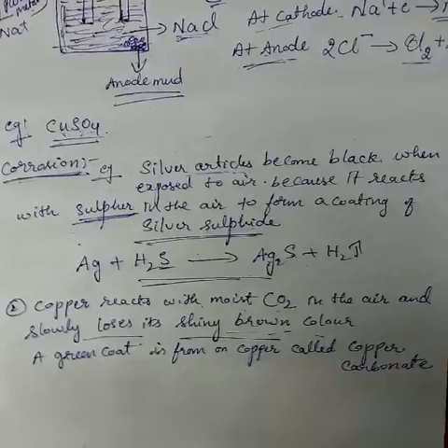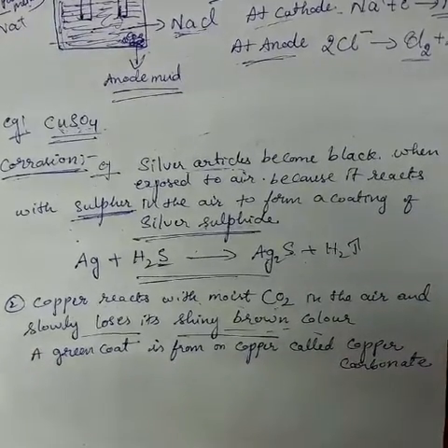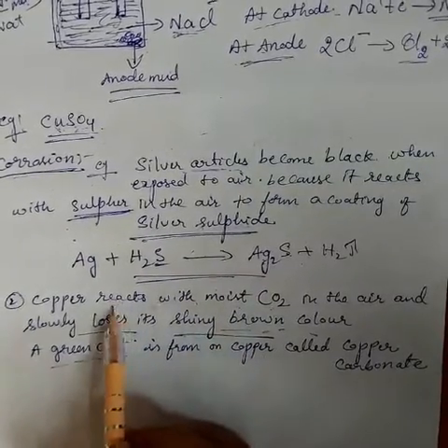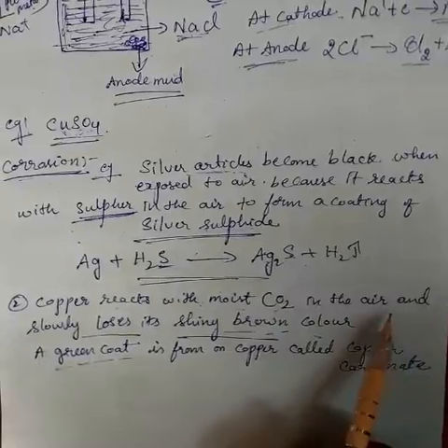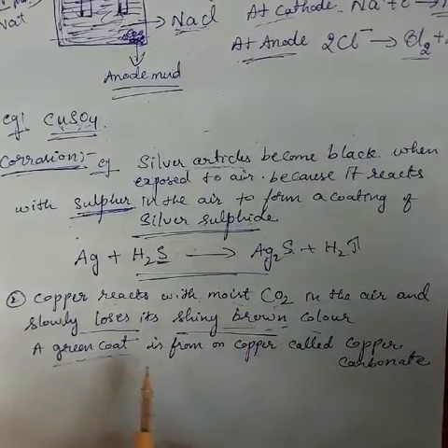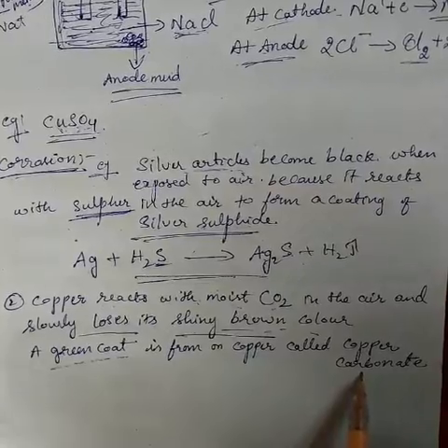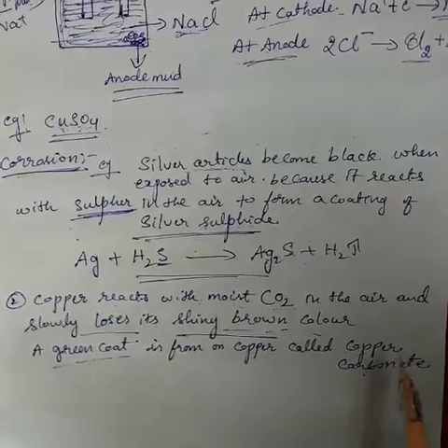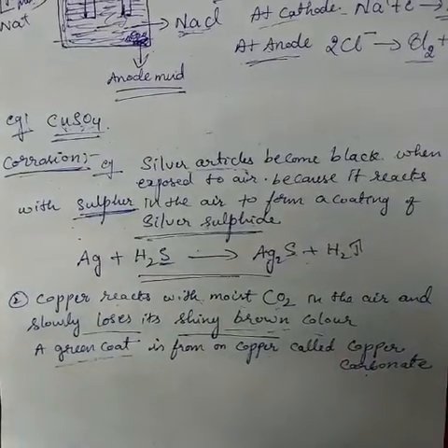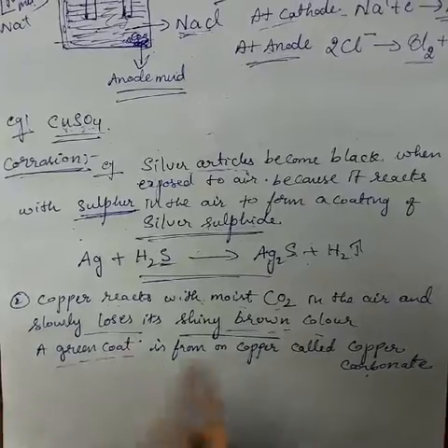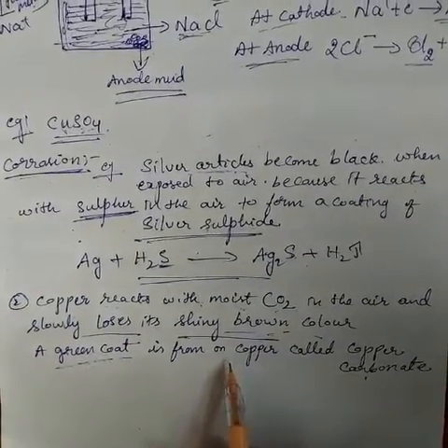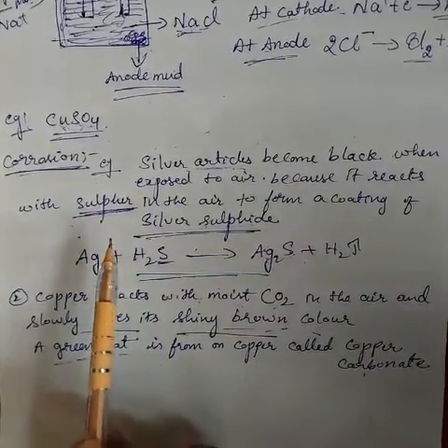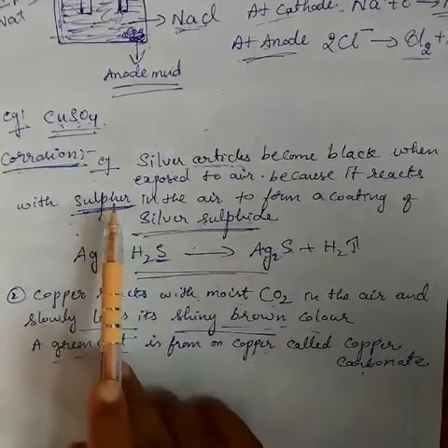Why does a green coat form on copper? Give the reason: copper reacts with moist carbon dioxide in the air and slowly loses its shiny brown color, and that green coat is called copper carbonate. This is another example of corrosion. And take the rusting of iron also; I already told you in the beginning chapter that it is also an example of corrosion. These are some examples of corrosion.